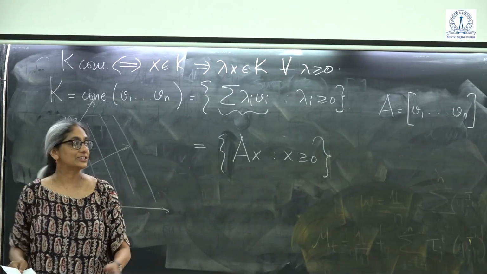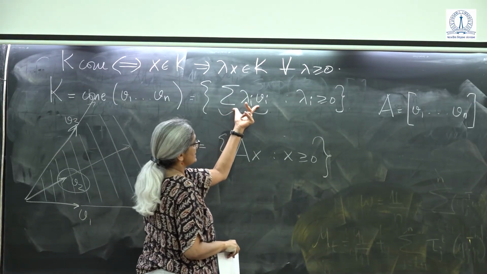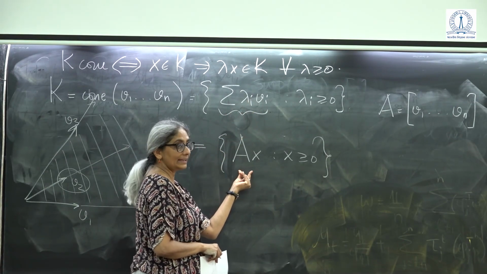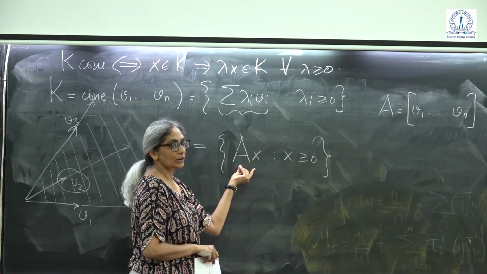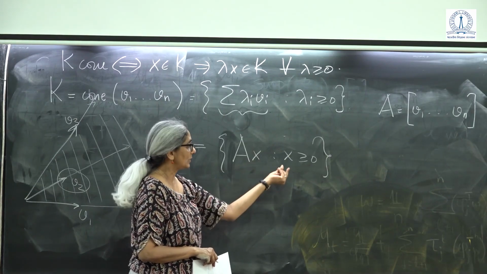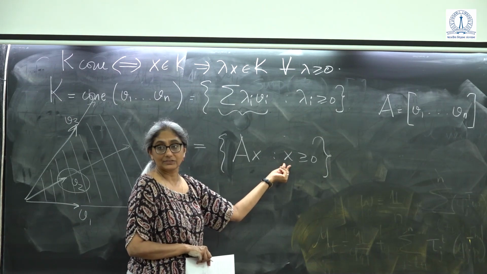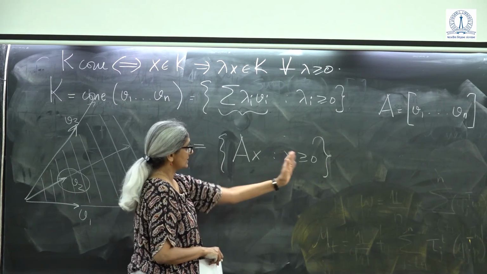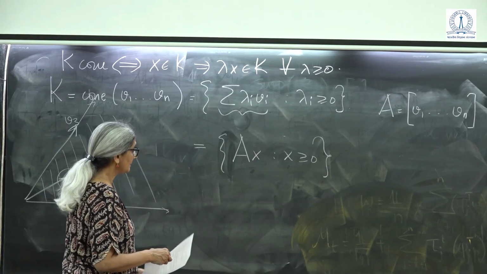This is the matrix notation for the same thing, because Ax is a combination of the columns of A, but I'm only allowed to combine with non-negative coefficients. So this is one expression for this cone.